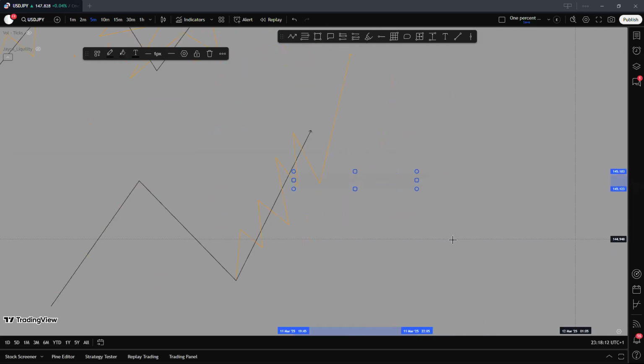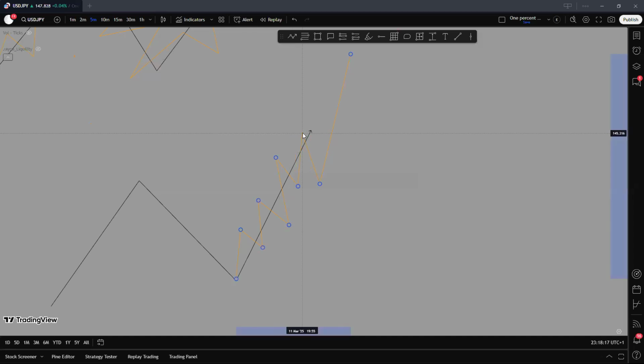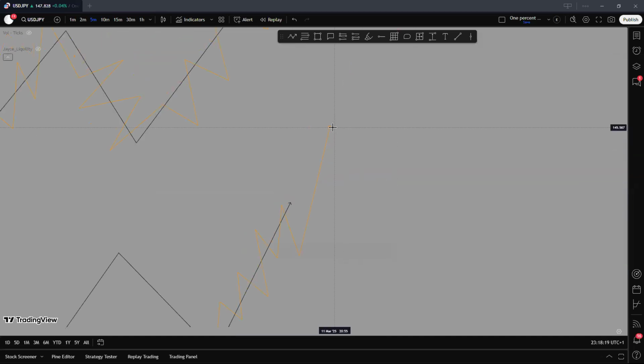Okay. Now if you want to confirm this 15 minutes level, let's say price comes to the 15 minutes key level, you want to confirm if price will hold.